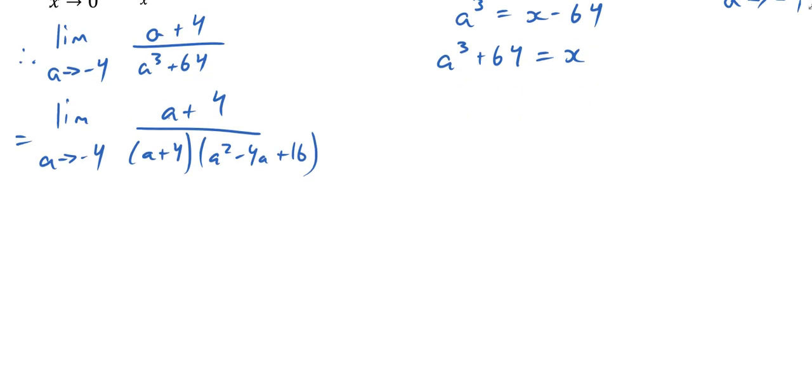And there's the a plus 4 factor. That's the part that gives me the 0 over 0, because a is approaching negative 4 now. Of 1 over a squared minus 4a plus 16. And now I can sub in.